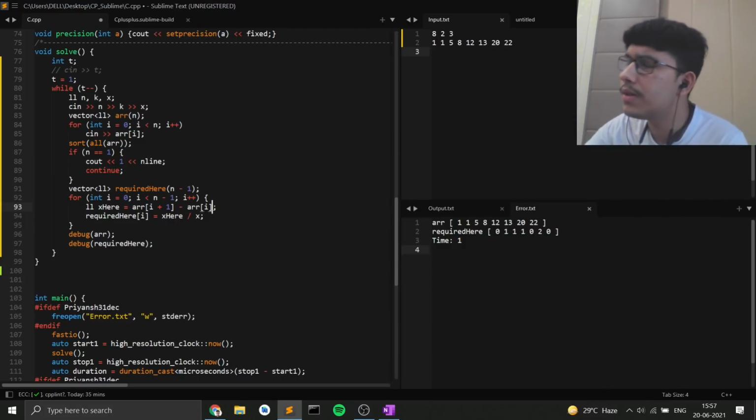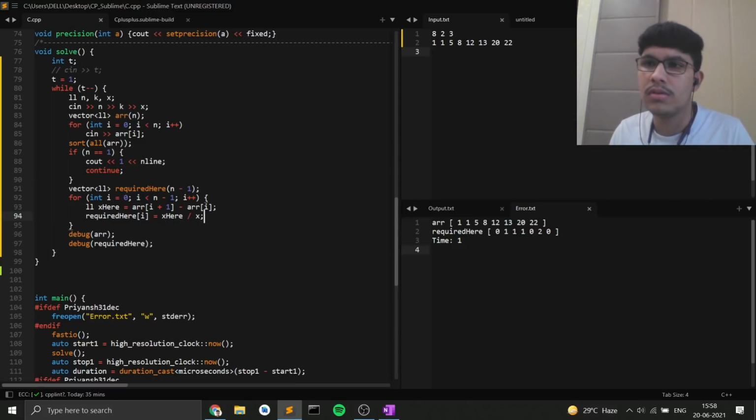So if we want the difference to be 1, then here I will have to insert 4 elements, but I actually don't have to insert 4 elements. I have to insert 3 elements. Right, yeah.